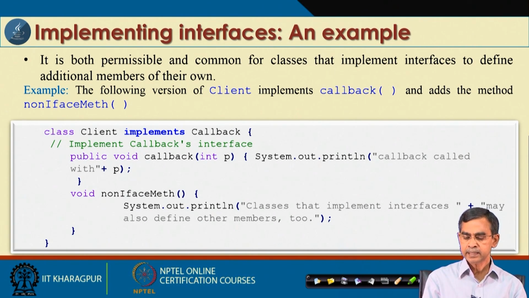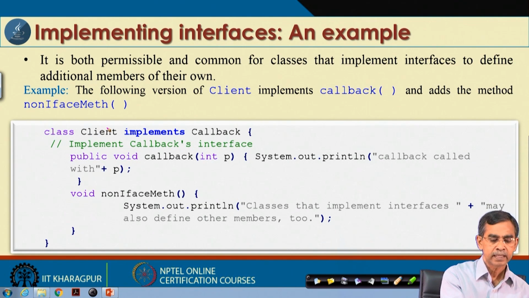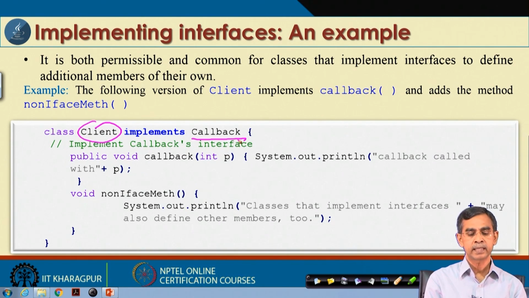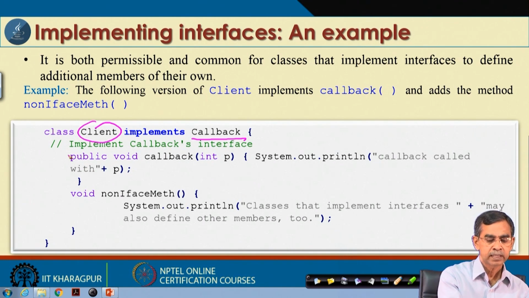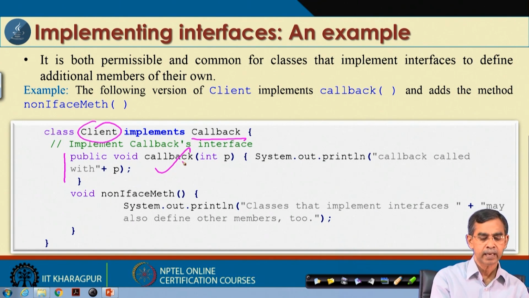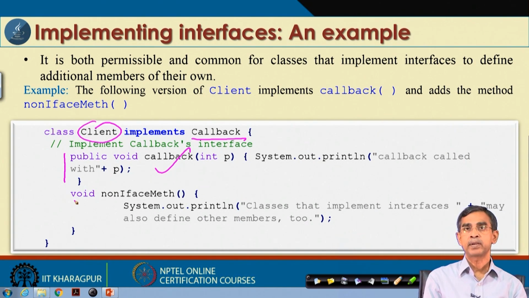Now, here is another example. Again, this is the class client which implements the callback. Callback is an interface here. This is the method that we have declared in the interface and implemented here, and at the same time the class which implements an interface may include its own methods as well, besides the methods that are overridden from the interface.